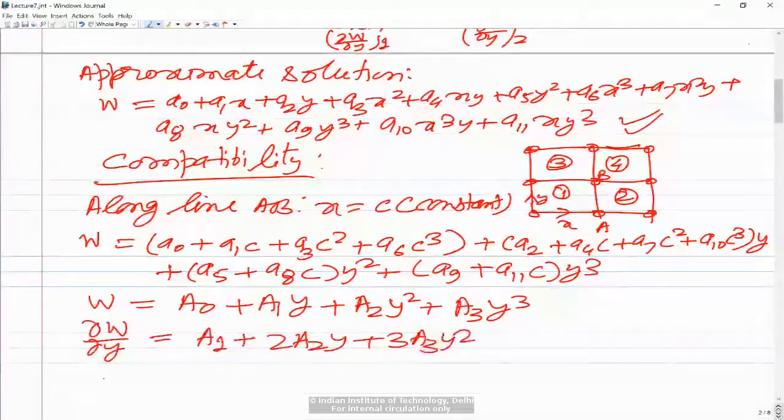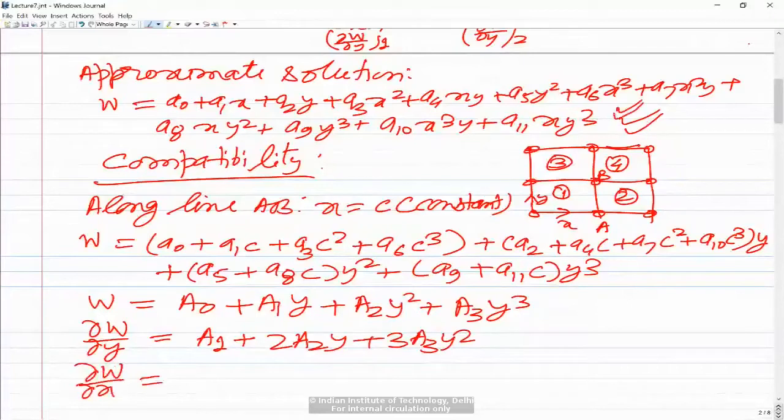Now we need to look at all of these, because W, del W by del X and del W by del Y are primary variables. Then del W by del X along the same line AB. Again in this expression, first you differentiate with respect to x and then put x is equal to constant.